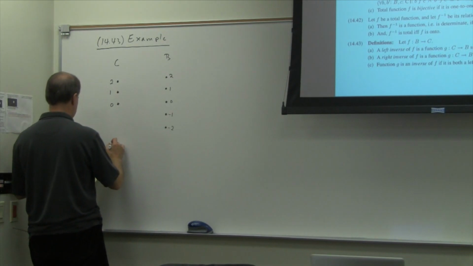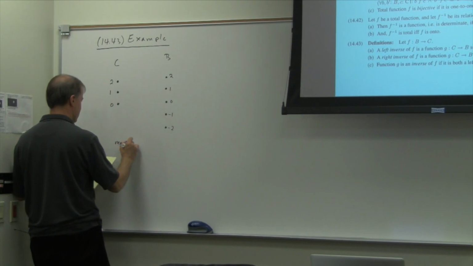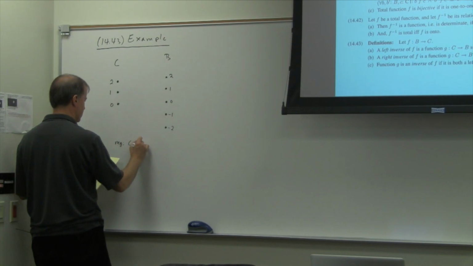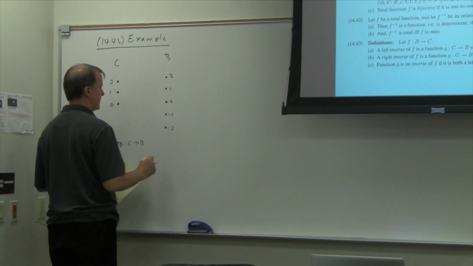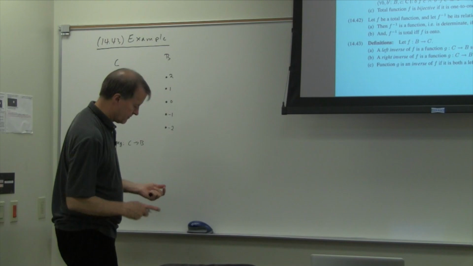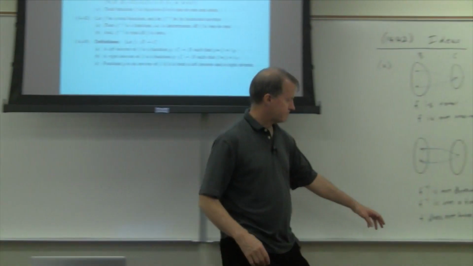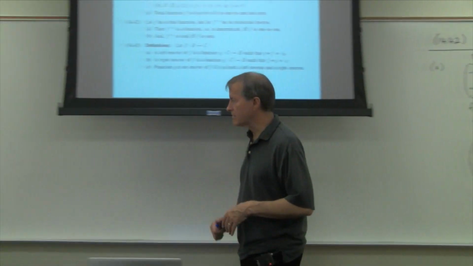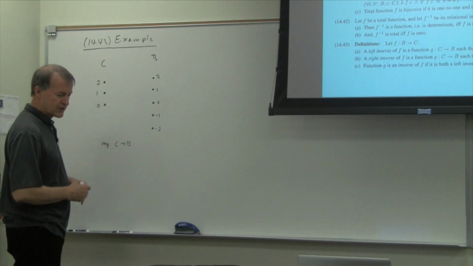And this is going to be the neg function, and the neg function is going to go from C to B. All right? And then, okay, so actually before we go any further, let's verify that this is in fact a function. Let's do the mapping and verify that it is in fact a function.